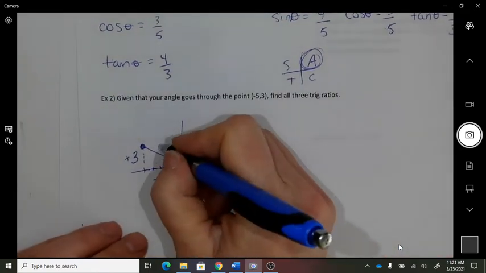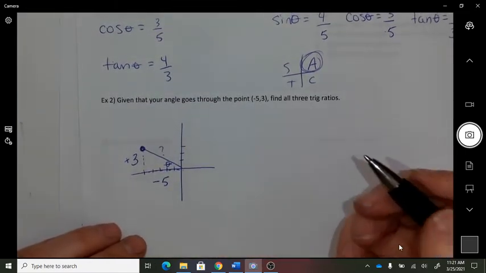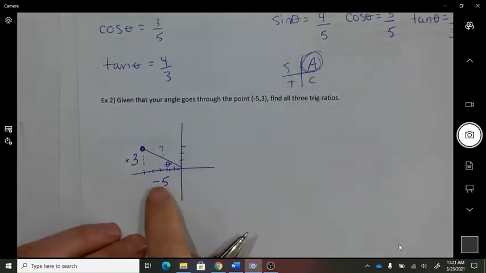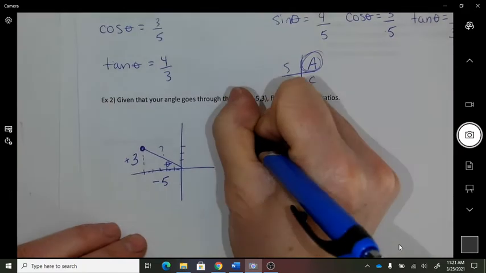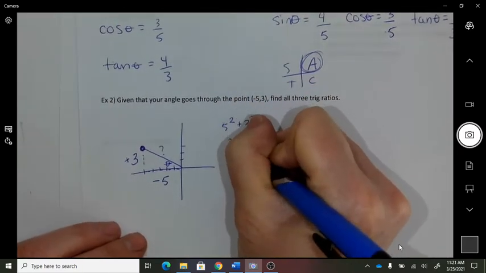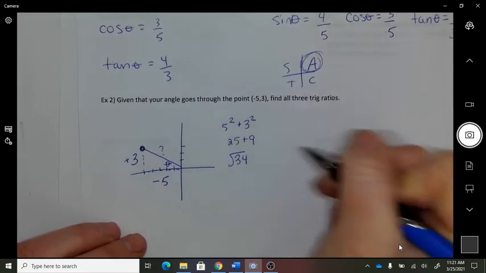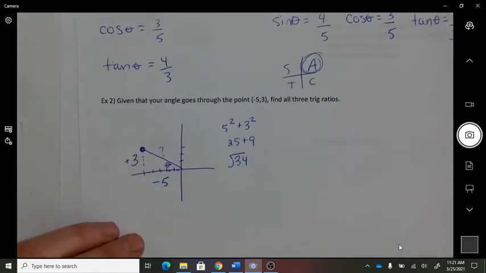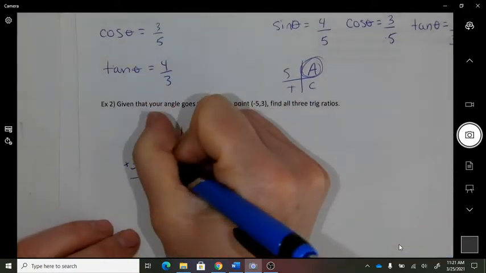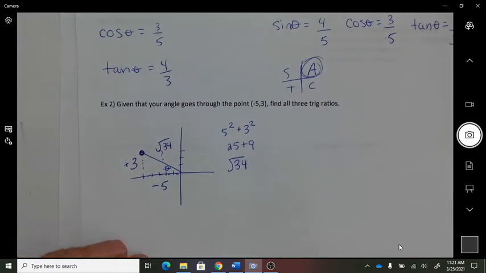So what is the r of this? To get distances, you actually don't include negatives, because the distance is just 5. So the distance of 5 squared plus the distance of 3 squared, 25 plus 9 makes 34. When I square root that, it's not an exact number, so we will just leave it, because this says exact.